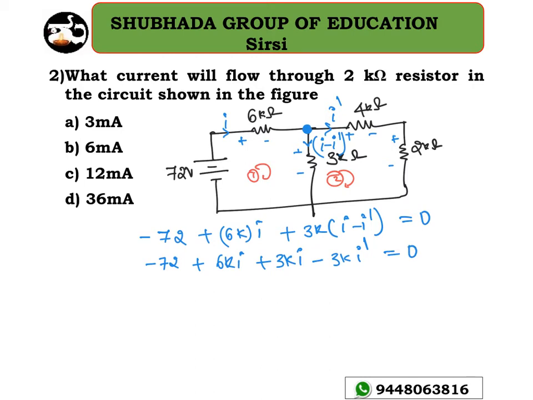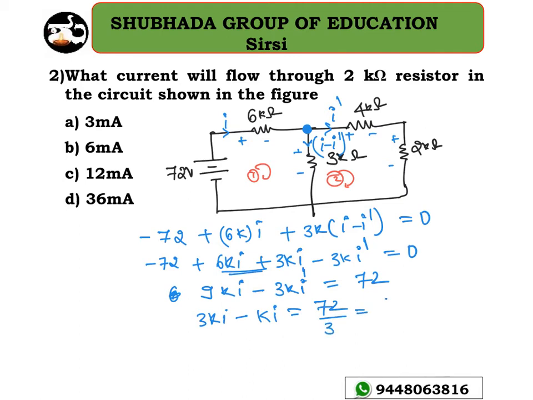So how much will I get here? 6 plus 3 is 9. 9kI minus 3kI dash equals 72 now. Now 3 is common, right? Since 3 times (kI minus kI dash) equals 72 divided by 3.